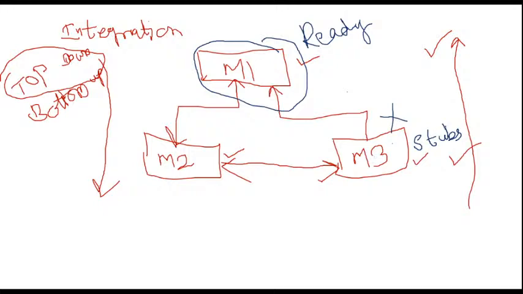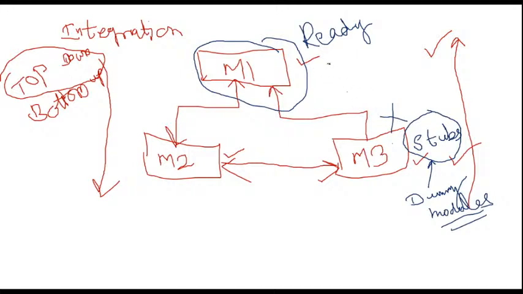So what you do, you will create a dummy module. Stubs means all the features are not implemented here. It is a dummy module to test this particular module.